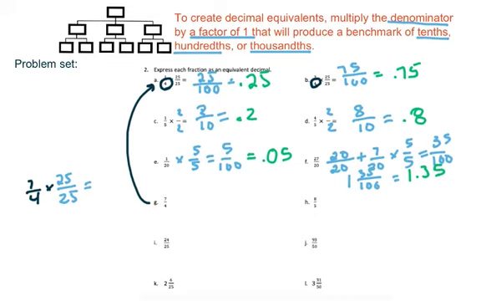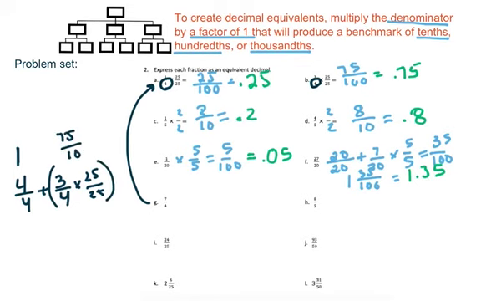So this is actually going to be 4/4 plus 3/4. 4/4, I already know that's one whole. 3/4, I'm going to multiply by 25 over 25, and that will get me 75 over 100. So this would be 1 and 75 hundredths. As a decimal, it would be 1.75.